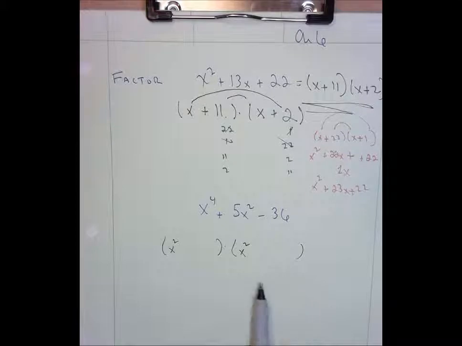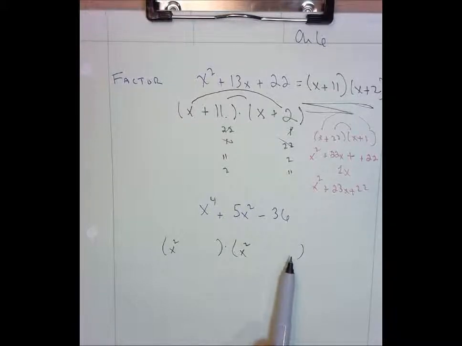So I'm not going to make a big, long list. I think we can rule out 36 and 1 regardless of the minus signs because those cross terms would never lead to that 5. What we're looking for is two constants that, if we added them up as coefficients of the cross term in their plus or minus forms, we could produce a 5.